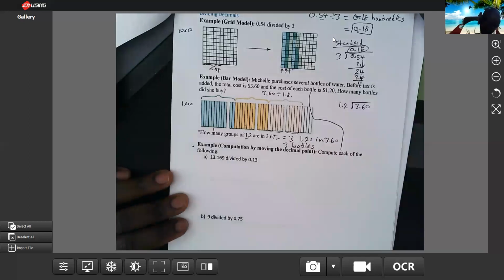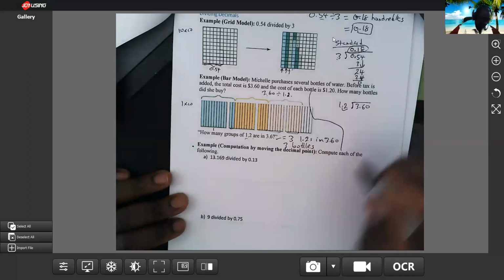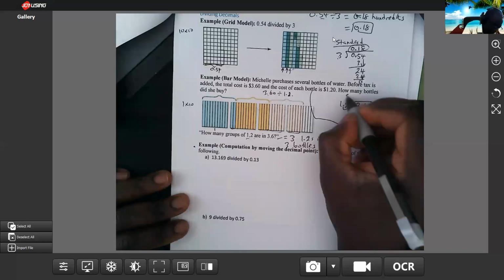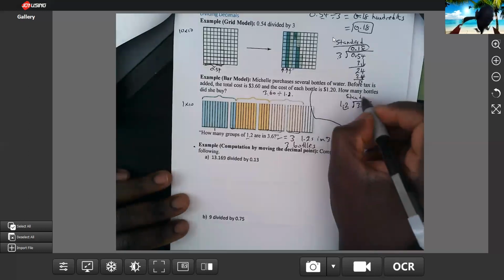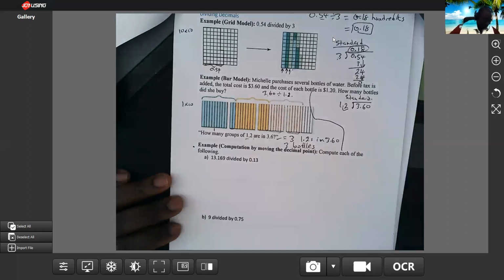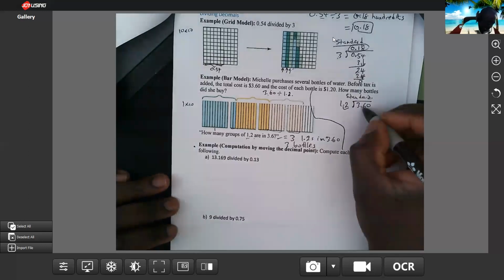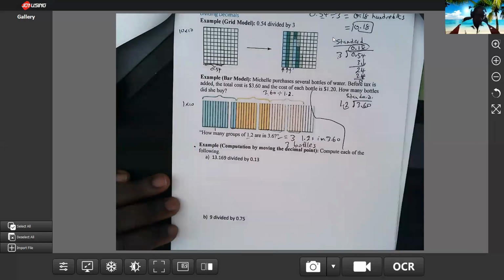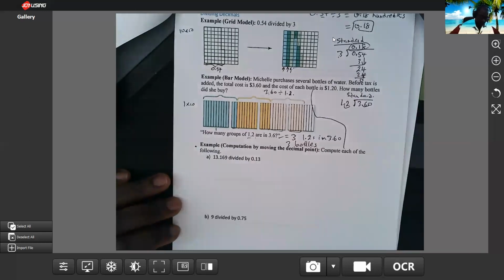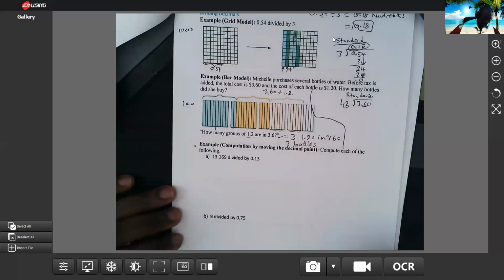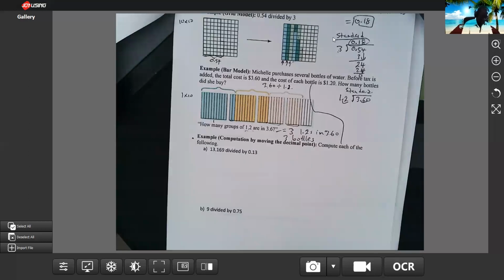Usually what we do is that we move the decimal. That's the standard algorithm. We move the decimal one place so that the divisor becomes a whole number. All right, let's demonstrate that in the following 2 examples.